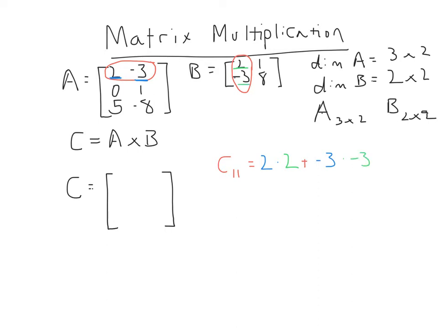So I will end up getting here that 4 plus 9 is equal to 13, and that's going to be my entry C11.